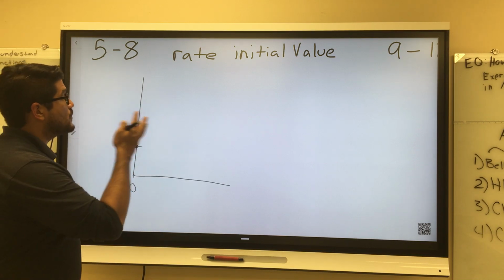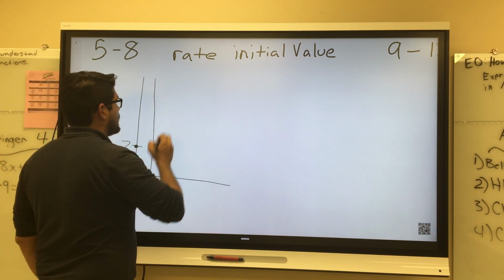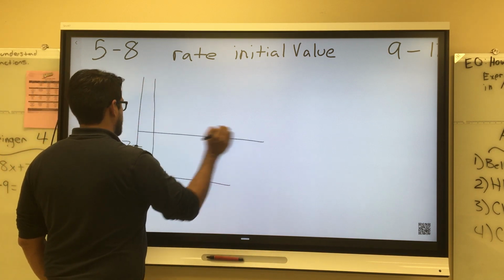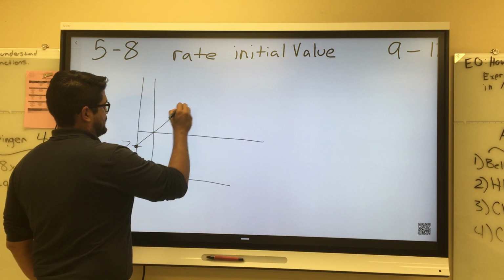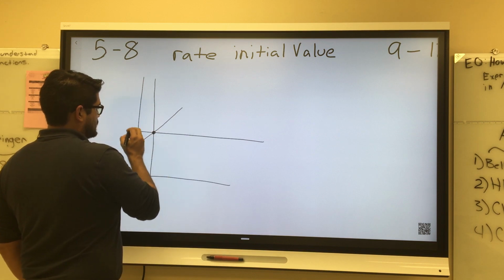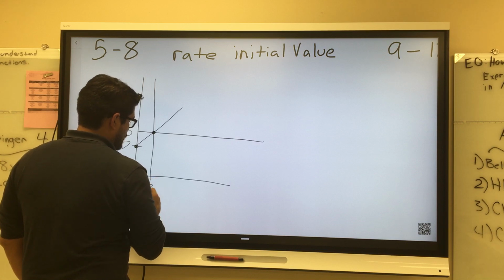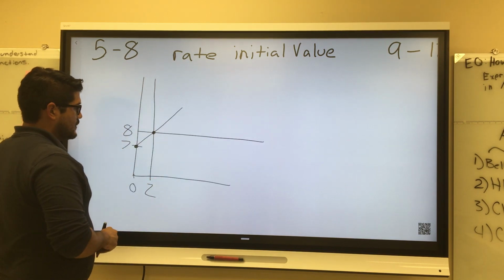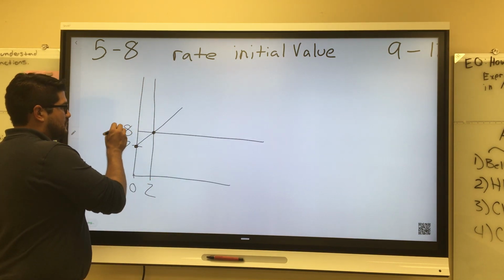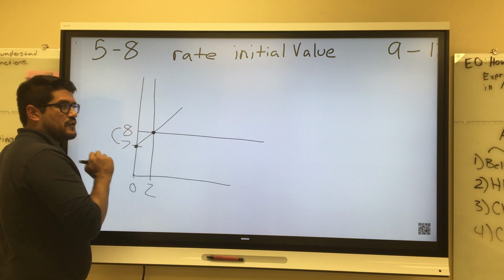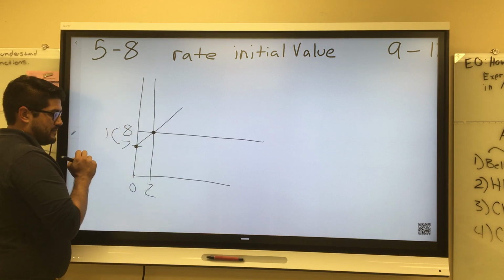For the rate, you're looking for somewhere that it crosses exactly at an intersection. So let's say this is 8 now and this is 2. How much did it have to go up to fall into this perfect spot? It only had to go up 1.